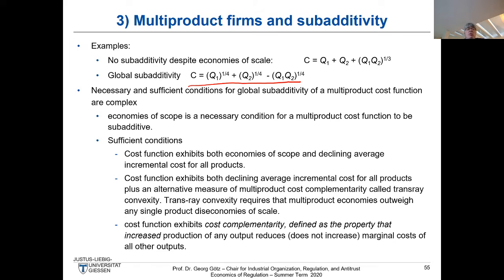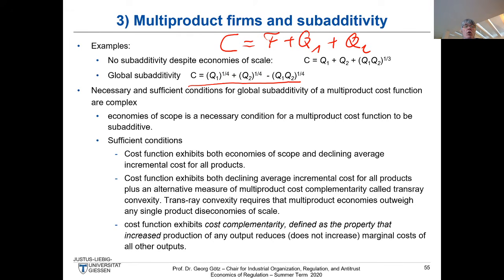So the easiest example you might come up with for economies of scope is just the following, and I put it here. If you have C is equal to F plus Q1 plus Q2. So this would just mean you have some fixed product development costs. Suppose these are cars.